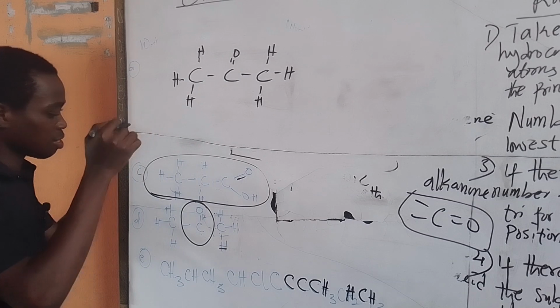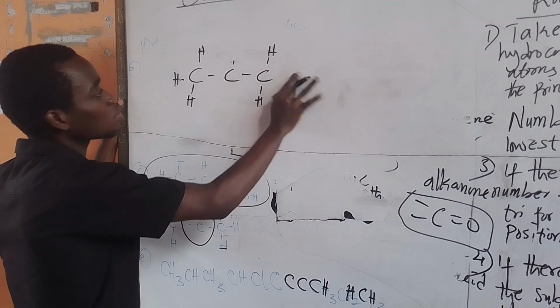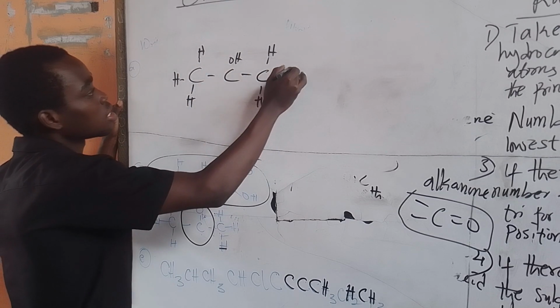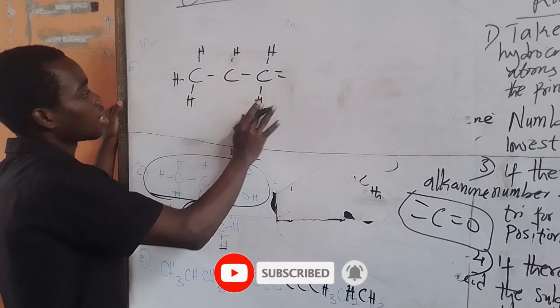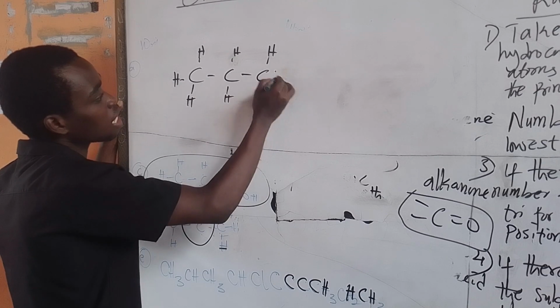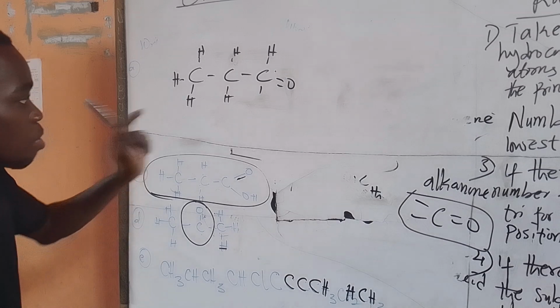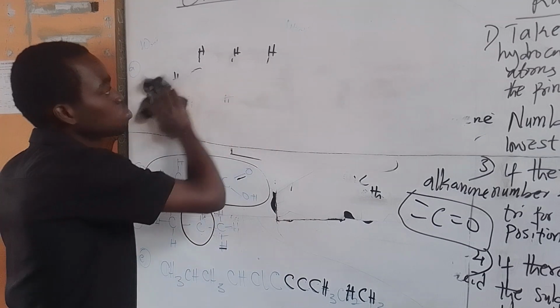Now if I shift this O and take this other one here, I'm going to have something like CH2, which is an alkanal. So because of that, I'm not going to call this 2-yne or 2-one.